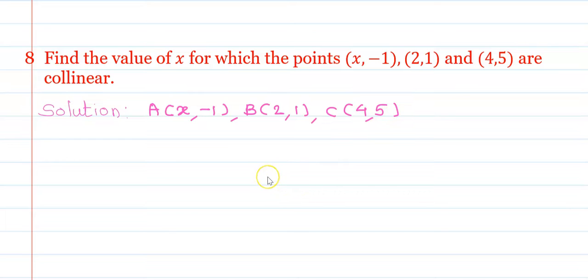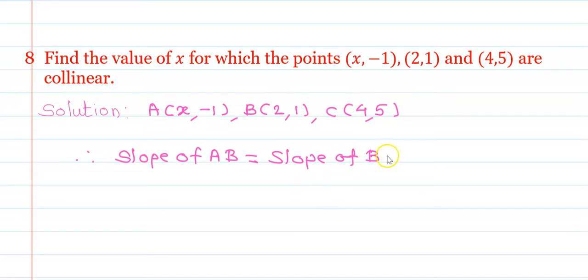As the points are collinear, the slopes are equal. Therefore, the slope of AB equals the slope of BC.